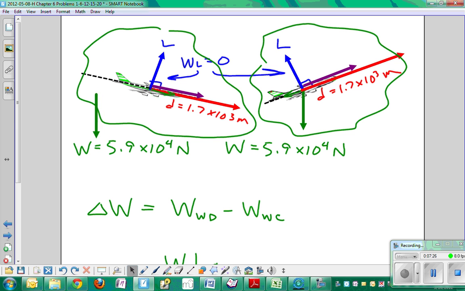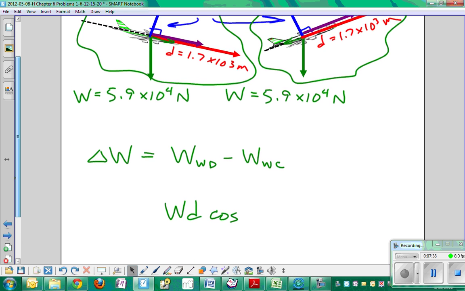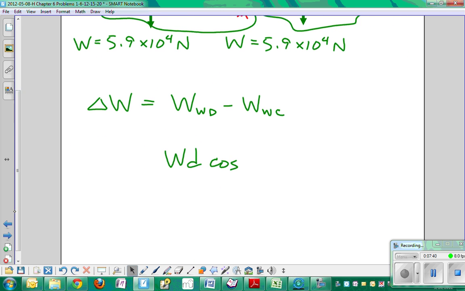So if it's diving down at 15 degrees, is that correct? 15 degrees below the horizon. Well, actually, we were given this angle right here as 75, right? So that's the angle between them. It's an angle of 75 degrees between them. We don't have to worry about if it's pointed down or up or anything like that.